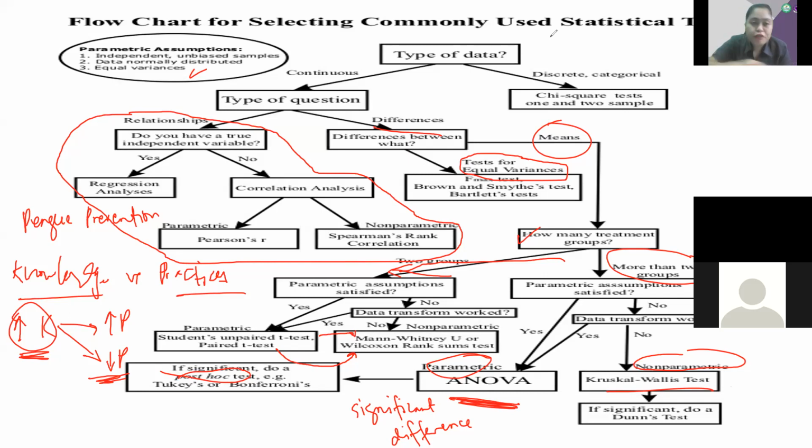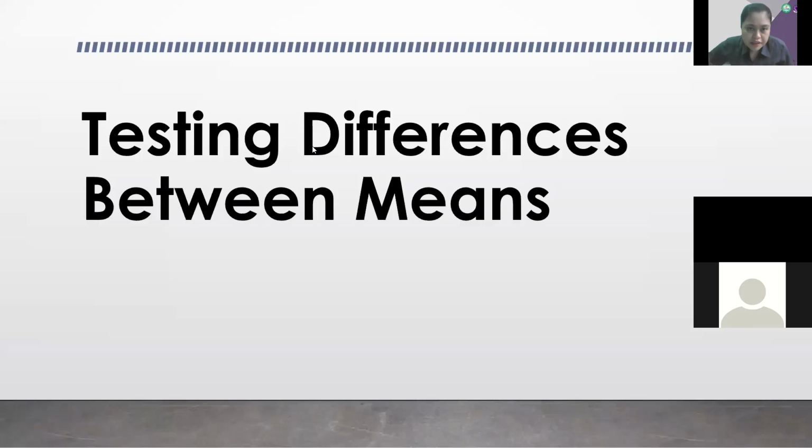Just get to know first with the names of the test. I believe you are familiar with ANOVA kasi yan yung mga sikat na mga statistical test natin. ANOVA or even the t-test. But yes, there are other tests that exist na pwede nating gamitin sa research. Okay? So, walang question. So, let's move on.